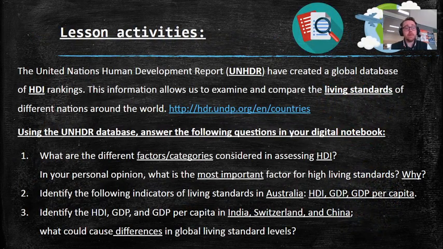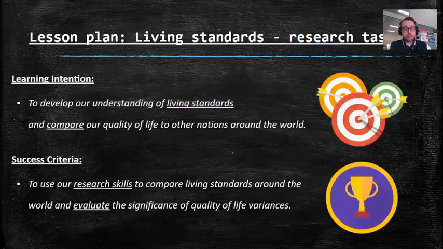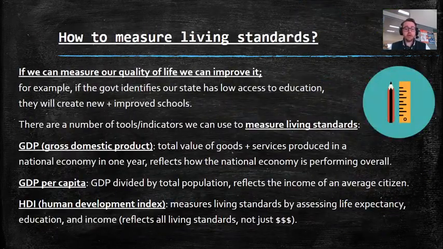So, the United Nations Human Development Report, lots of acronyms in economics, the UNHDR, that's a mouthful. The UNHDR have created this global database, this global record of HDI rankings. If you remember from our last lesson, HDI, the Human Development Index, is how we measure living standards looking at health, so our life expectancy, education, and then our wealth, so income.